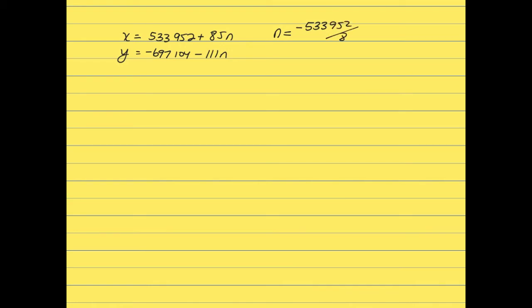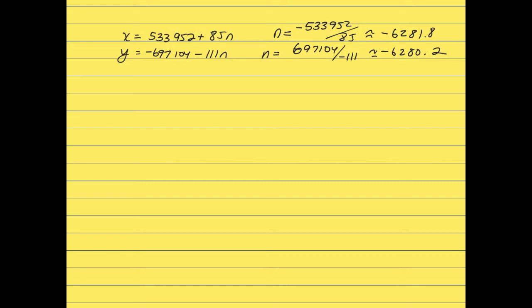533,952 over 85, which is approximately equal to negative 6,281.8. If you set y equal to 0 and solve for n, n is approximately equal to 697,104 divided by negative 111, which again is approximately equal to negative 6280.2.